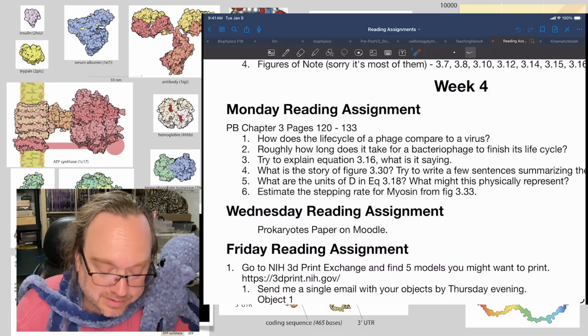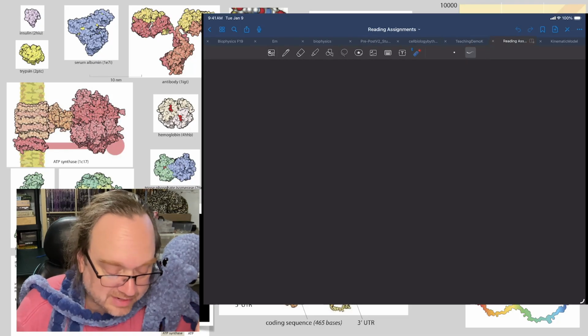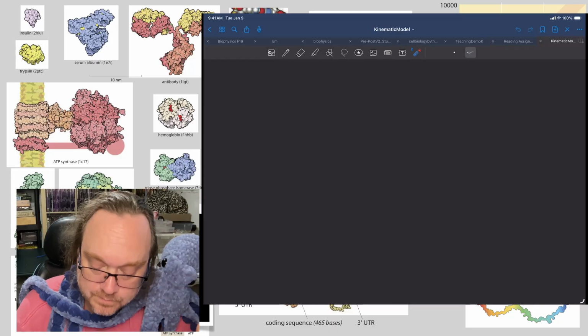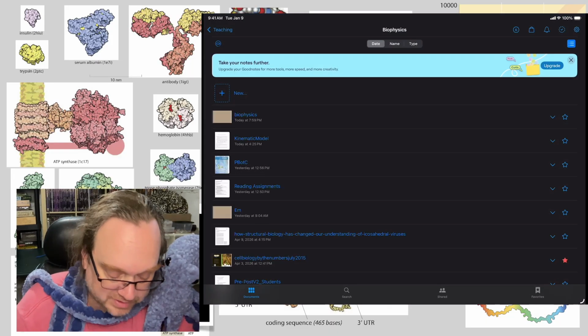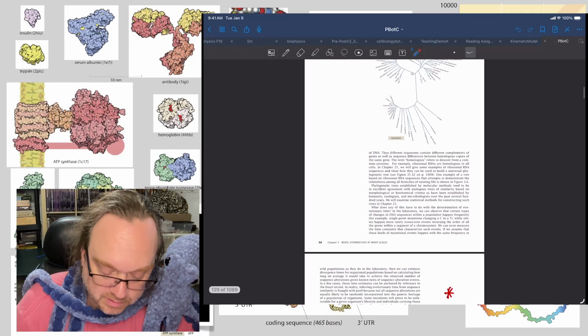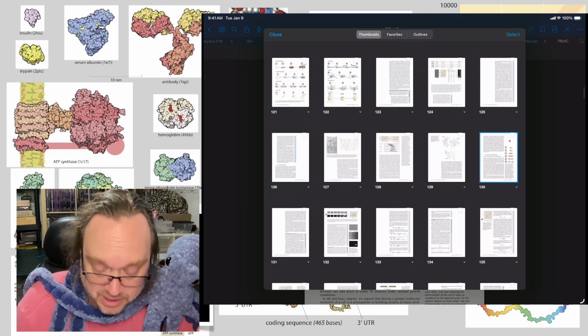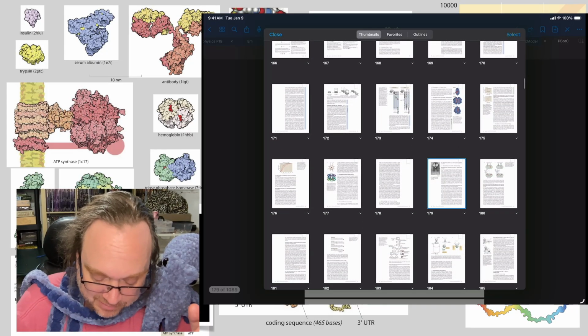Let's see here. I think I have the book open. Maybe I don't have it open. Uh-oh. Okay. See, if I was better at editing, I would go edit that sort of thing out. And sorry about that. I guess in a normal class, you watch me hobbling around back and forth.